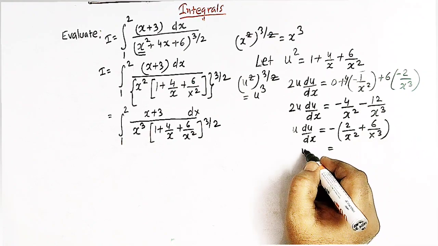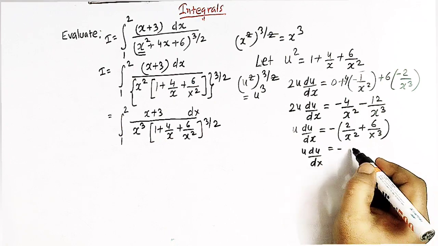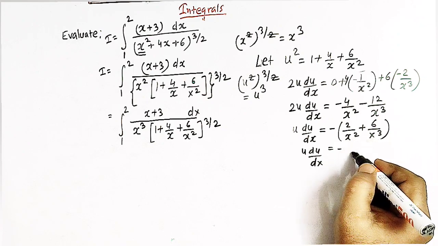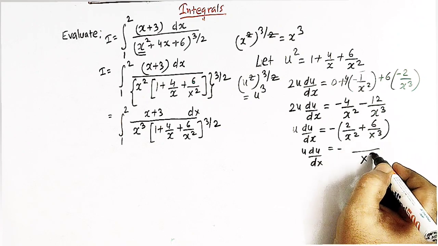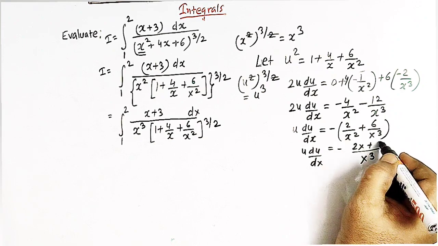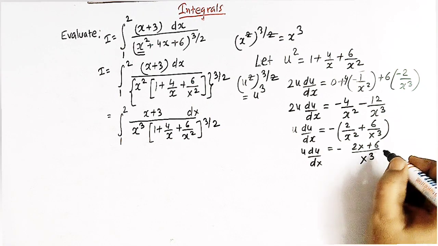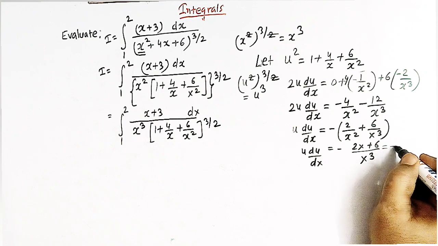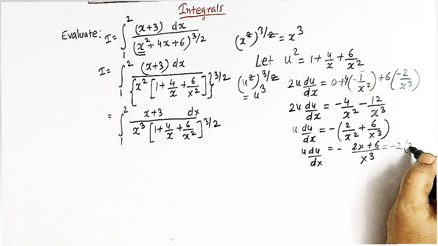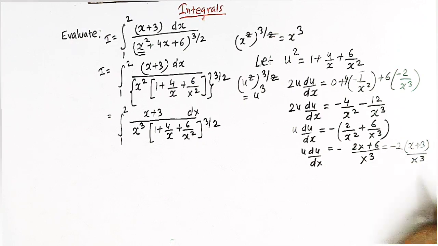Okay, now we can further write this term as a negative, and here we can take the LCM of x square and x cube, and that is x cube. So here we have 2x, and then we have simply 6. So now let us further write this term as minus, and here we can take 2 common. So we have (x plus 3) divided by x cube, right?